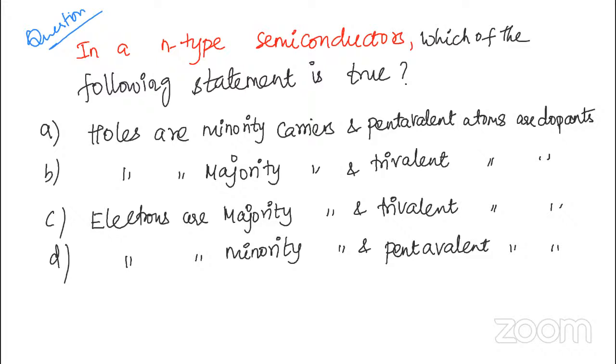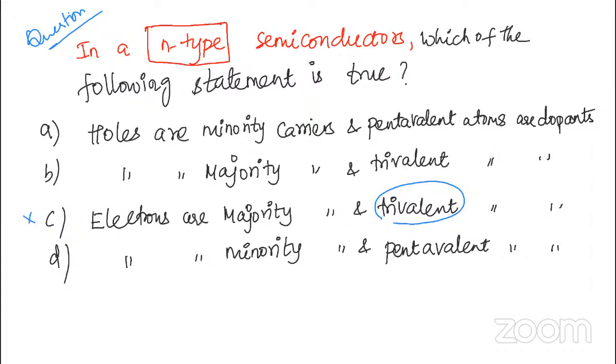Tell me, what is it for N type? What will be the majority carrier in N type? It is electrons, right? So simply go to electrons. For the third option, it is right for the first half, but they provided trivalent, so it is wrong.